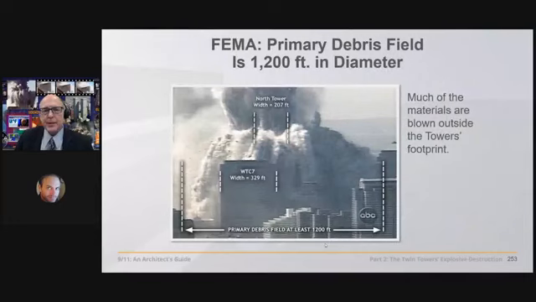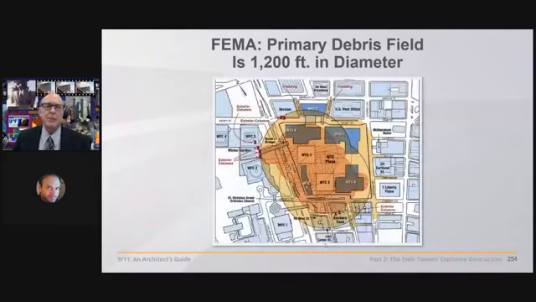But yes, this is symmetrical. It's 1,200 feet in diameter. There's only a 200-foot square building, but the debris is symmetrically arranged outside that footprint, destroying the winter gardens 600 feet away.